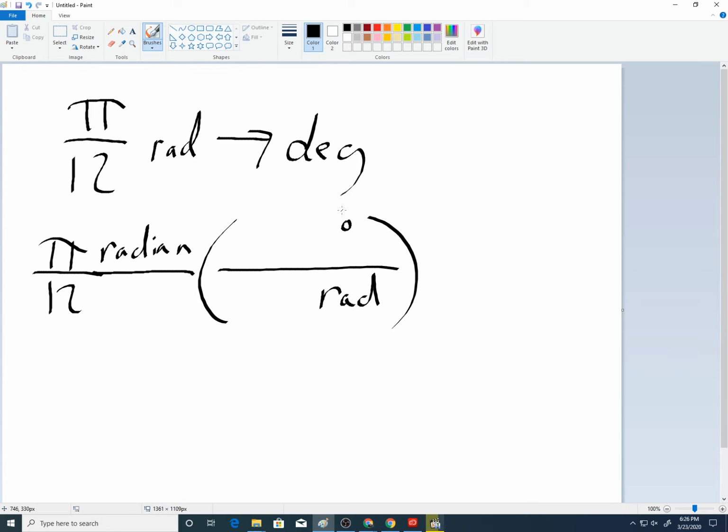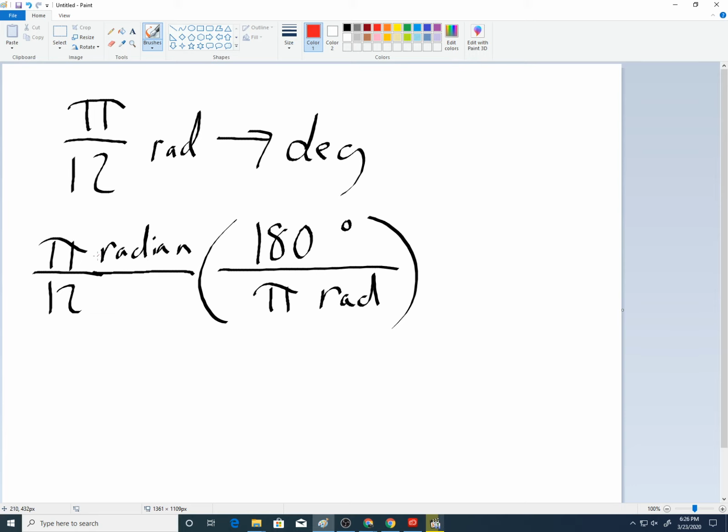But once you have those together, we're going to use the same numbers as before. Still 180 degrees is equal to pi radians. And we're going to go through and multiply, divide, whatever it takes.